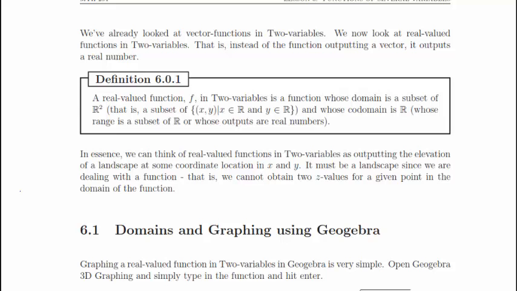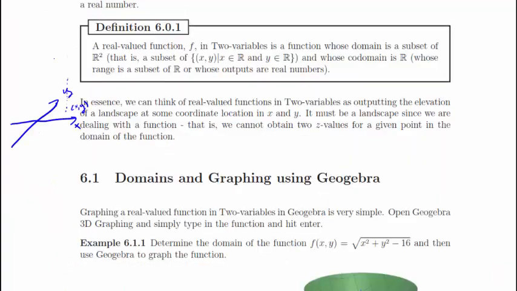In essence, what we want to realize is if we have the xy plane here and we pick a point in the xy plane, so here's x comma y, then as we plug this into our function, it's going to output some z value, some elevation for this specific xy value in the xy plane.